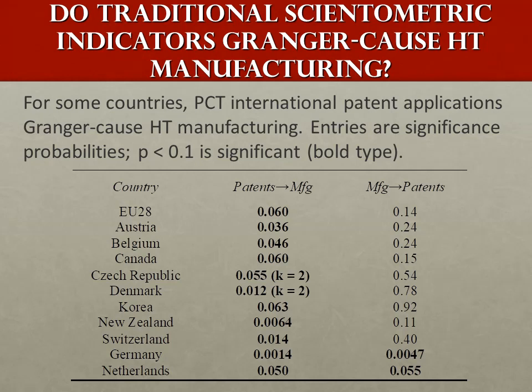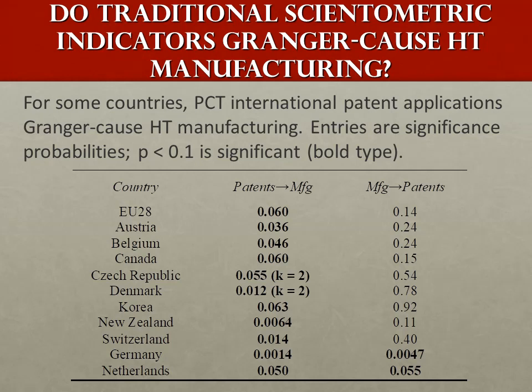They like to talk about papers and patents and indicators like that. So let's at least bring in some traditional scientometric indicators and see if they might be good predictors for high technology manufacturing. Well, one that does show some significant results is patents.